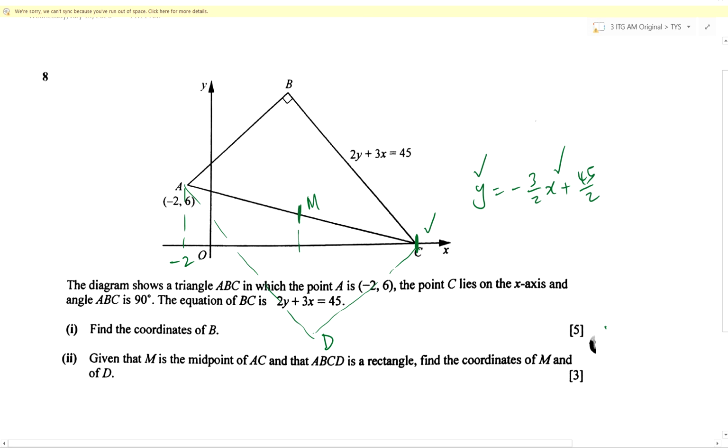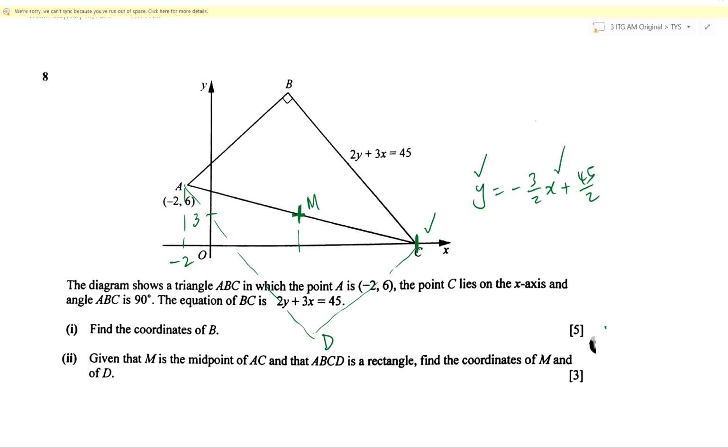Add them up, divide by 2, you get the average. That will be the x coordinate. The y coordinate is much easier because this is 0, this is 6, this must be 3. So I have outlined the process for finding the midpoint, the coordinates for M.